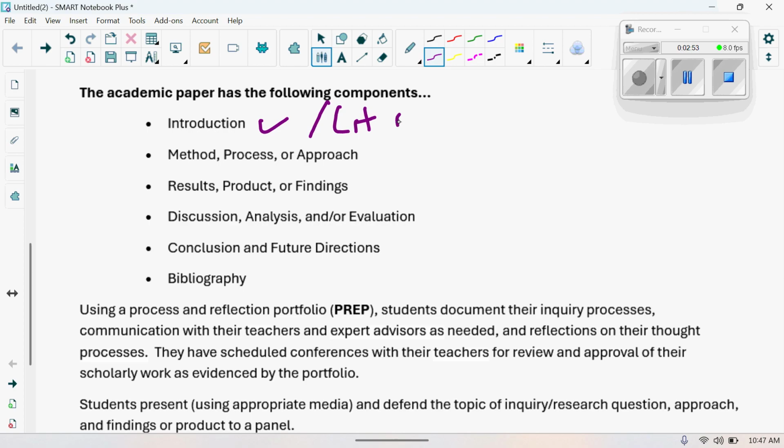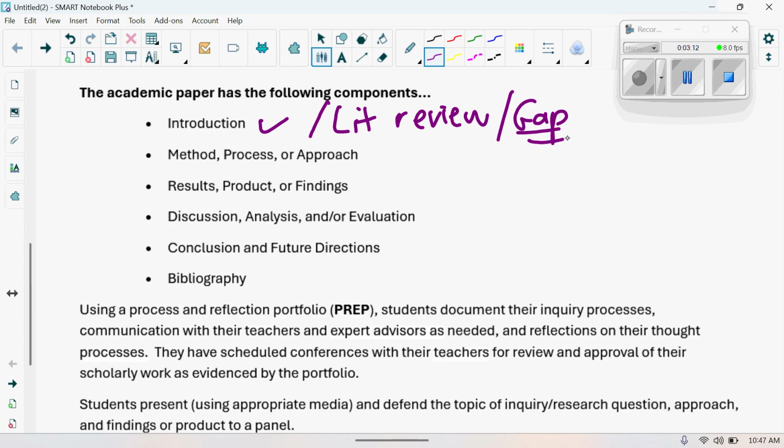The lit review is going to be similar to what you did in AP Seminar. You're going to find sources, and these sources hopefully are going to be put into conversation, and you're going to try to find a gap in the literature that you think that you can address.